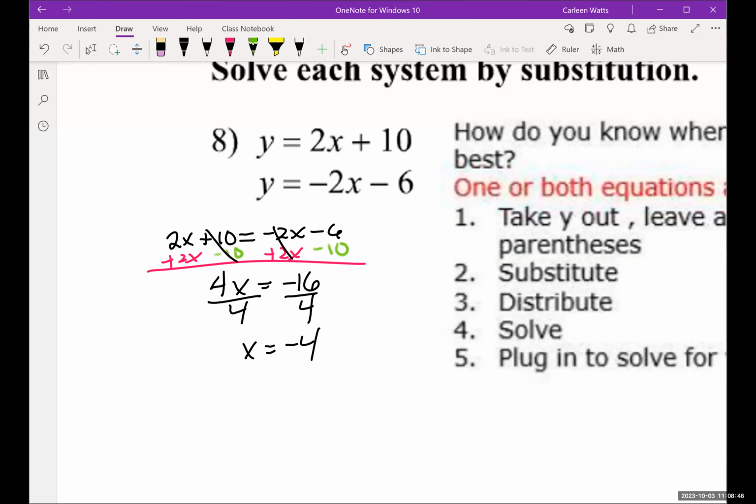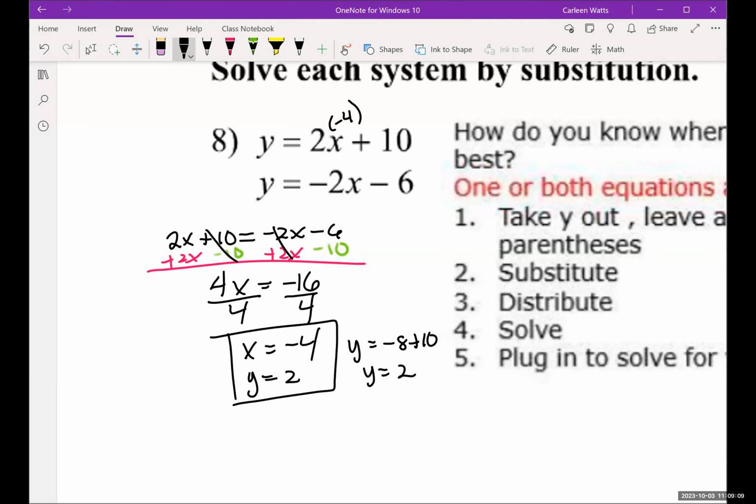Let's plug in y is equal to 2 times negative 4. That's negative 8 plus 10. Y is equal to 2. I can plug them into the other one. If x is negative 4, that's negative 2 times negative 4 is 8 minus 6, which gives me 2 as well. So I've checked my answer. I know it's correct.